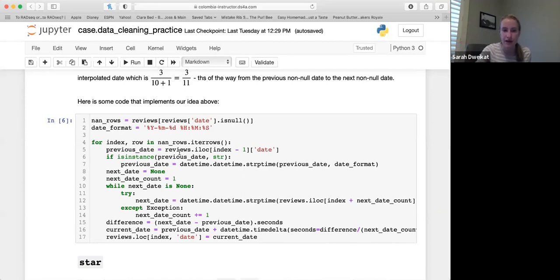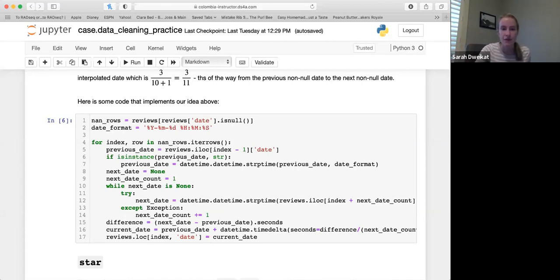So the way we do that is we take our reviews.iloc, which, remember, is the way that we can identify a row based off of the index or the position, instead of a location or unique identifier. So here we're going to use iloc, which is an integer way to define it, and in this case we're going to use the index. We take the index minus 1, which will give us the row above for the date column.